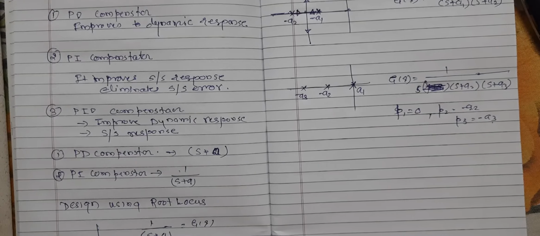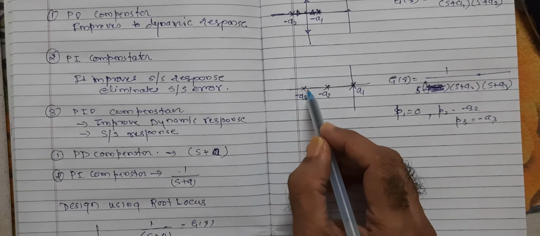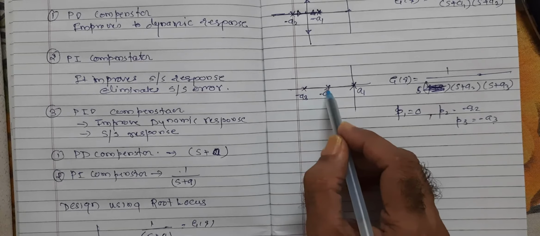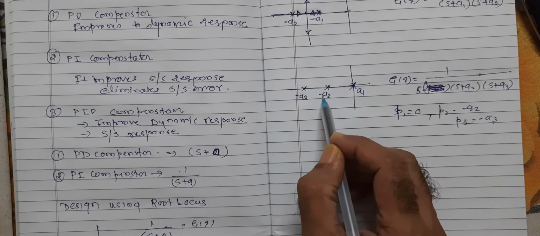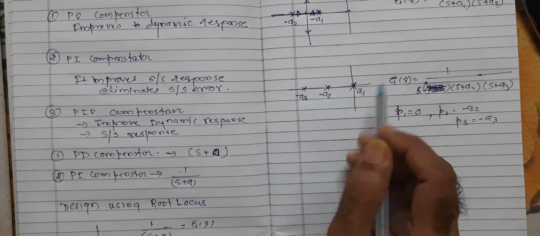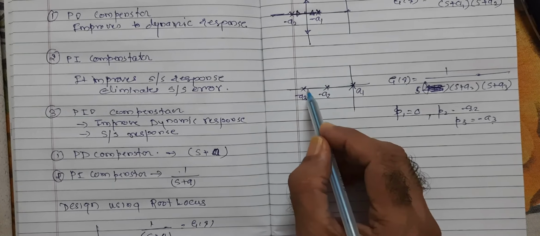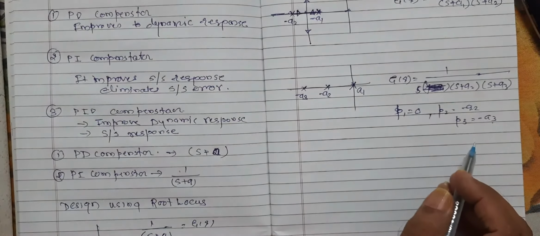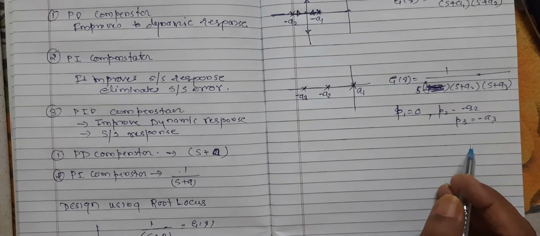To the right of minus a3 there are two poles, minus a2 and minus a1, which is an even number, so between a3 and a2 there will not be any root locus.